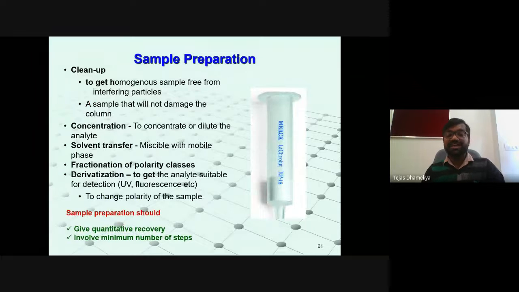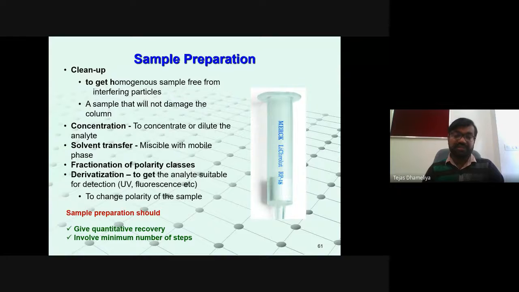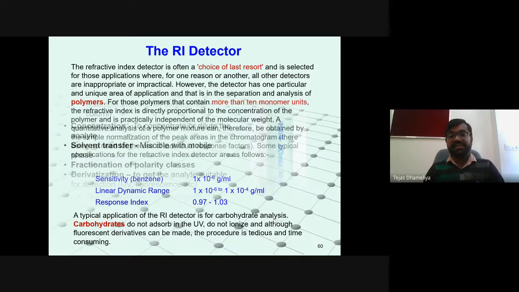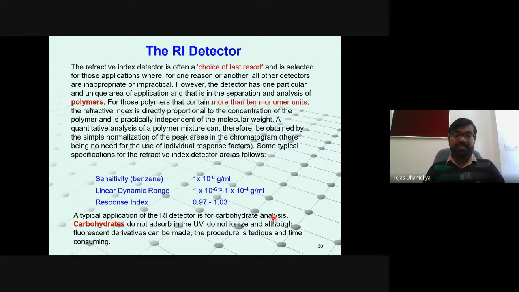I have performed some isolations and purification of some compounds, and for them these detectors are highly used. So these are all the types of detectors which we can use.